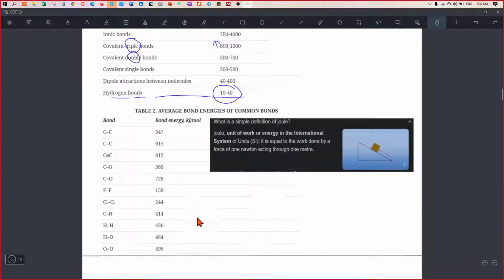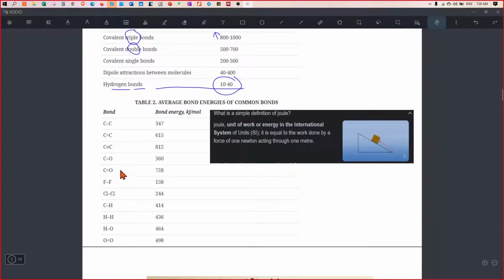Yeah. All right. So, and these are some common bonds that you would find. You can see that this is your C to C, which is only one bond here, single bond. And then you have your double bond.